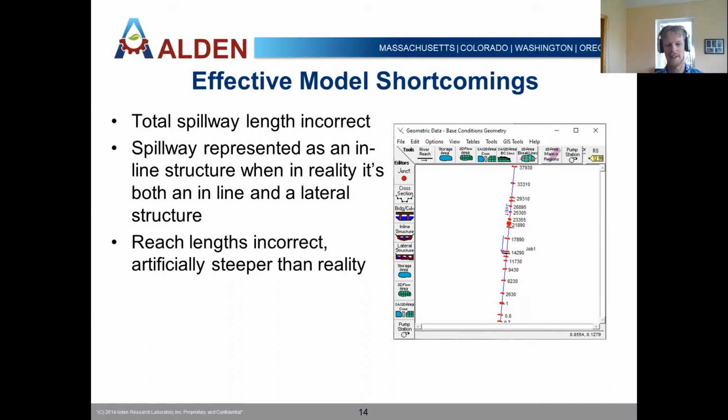But then you have that other section of spillway where it flows in from the side, so that acts as a lateral structure. So that'd be kind of difficult to do in 1D. And then also the reach lengths were incorrect, making it artificially steeper than in reality. So there's several issues impacting the accuracy of this effective model.